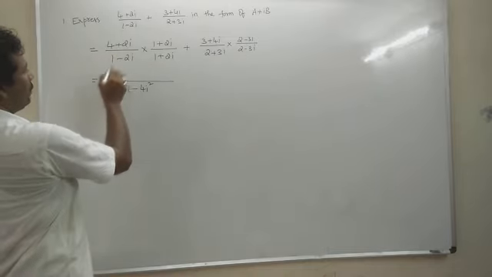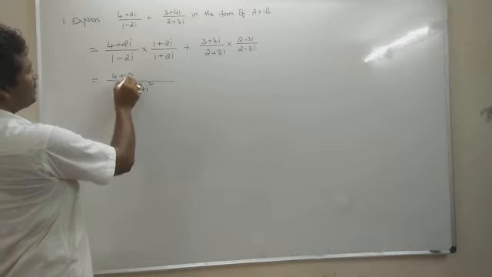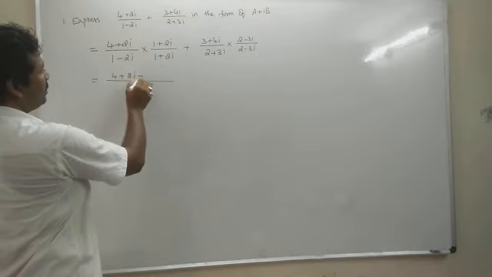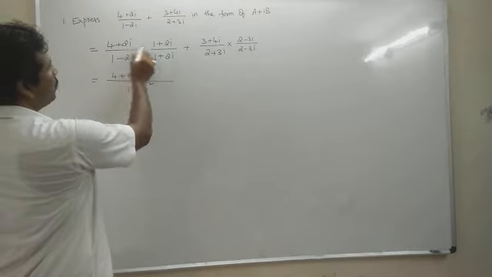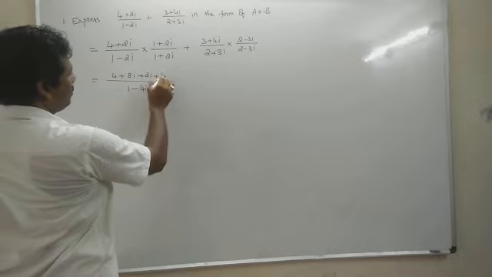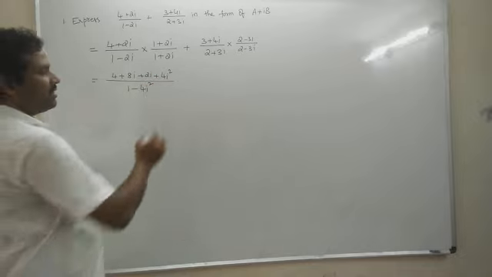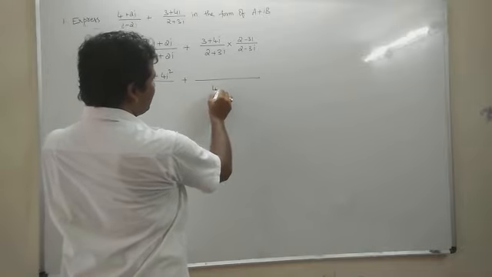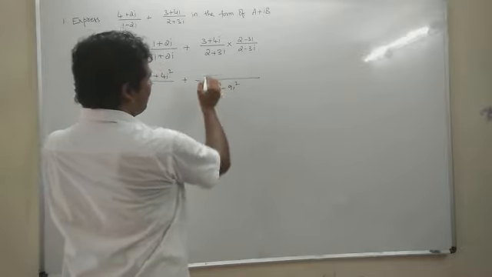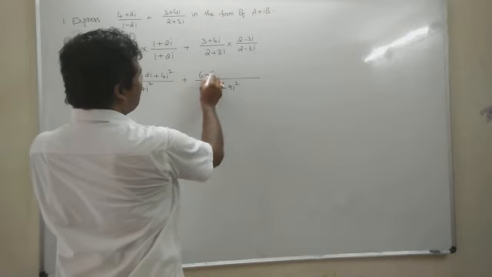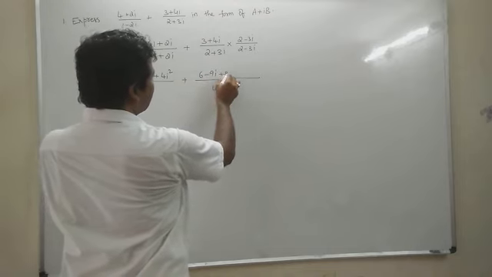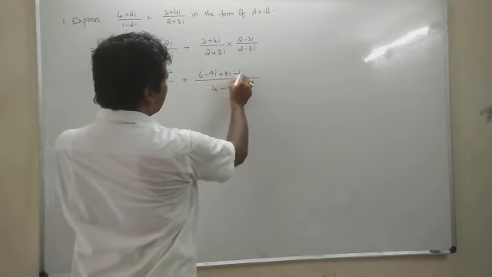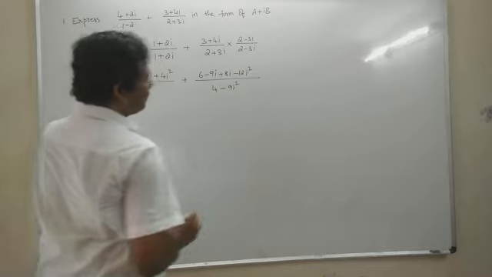Numerator, first 4 into 1 is 4, plus 8i, plus 2i into 1 is 2i, 2i into 2i is plus 4i square, plus this one, denominator 4-9i square. 3 times 2 is 6, minus 9i, plus 8i, minus 12i square.